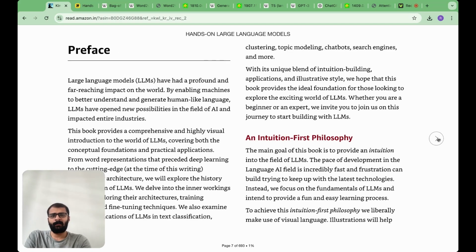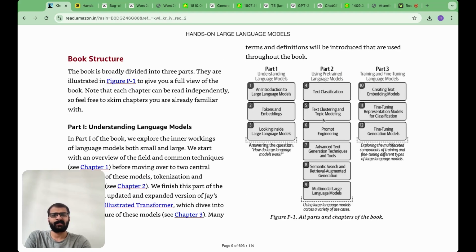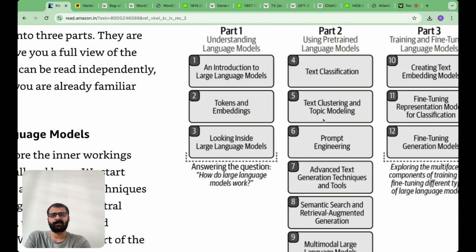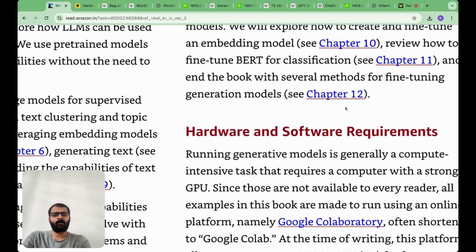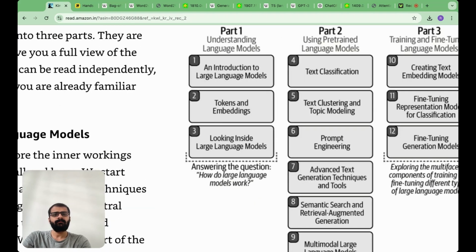If you look at the table of contents in this book, this is exactly what we'll be covering in this lecture series. The book itself is divided into three parts. In the first part, we will understand large language models: intro to LLMs, tokens and embeddings, and looking inside large language models. In the second part, we'll look at pre-training large language models and how to use the pre-trained large language models.